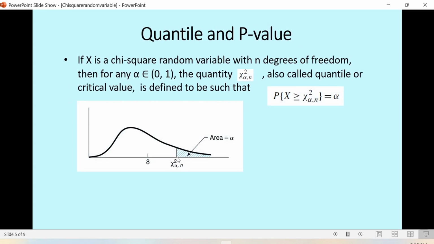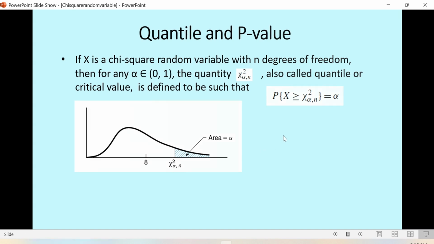This quantile value is 30, and we calculate the probability of this white area, which is the cumulative probability of all the values in this chi-square distribution less than 30.